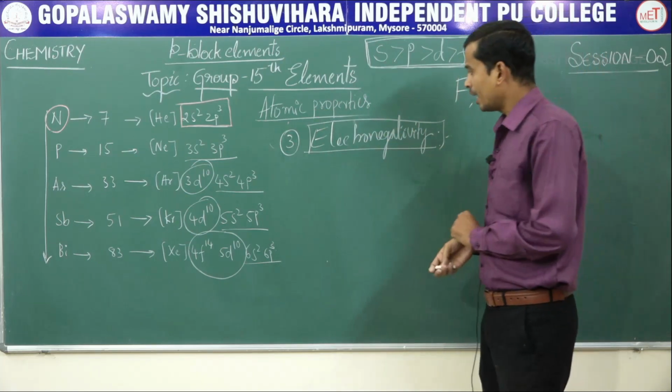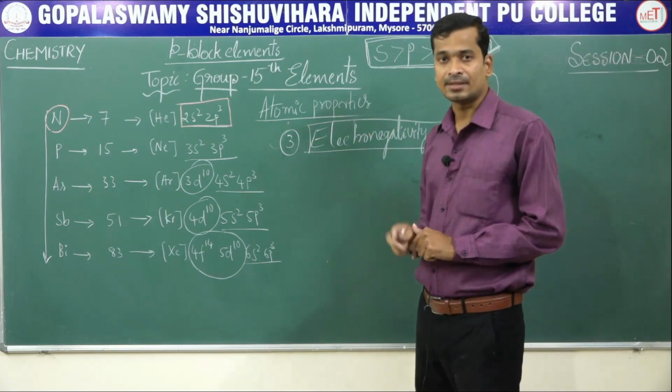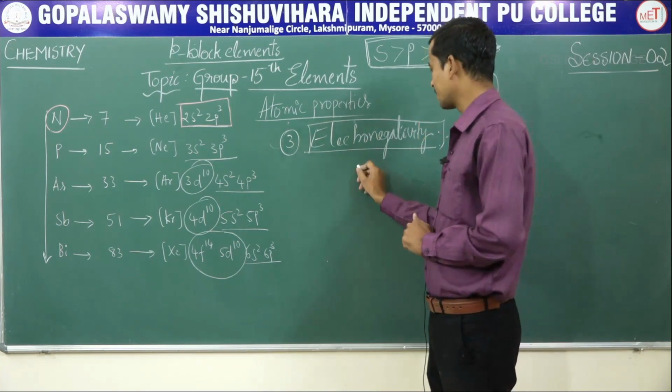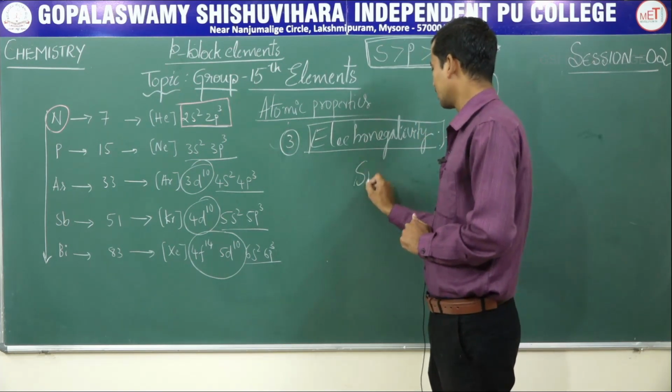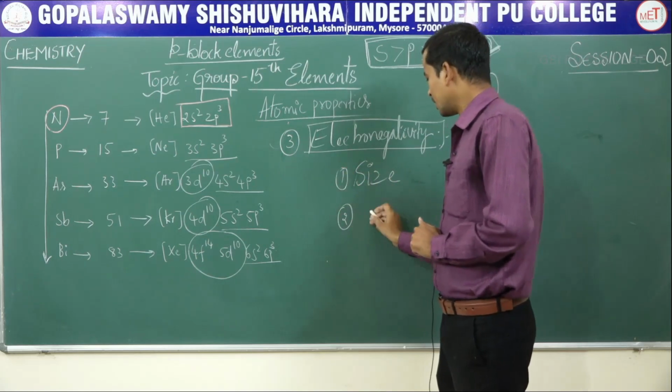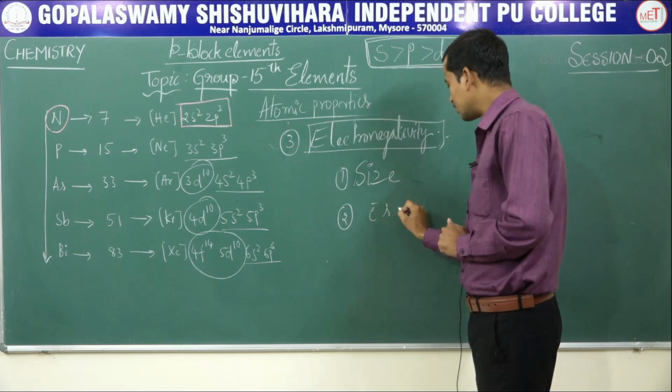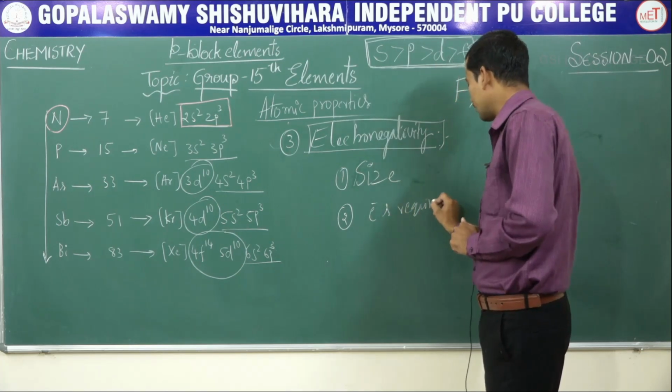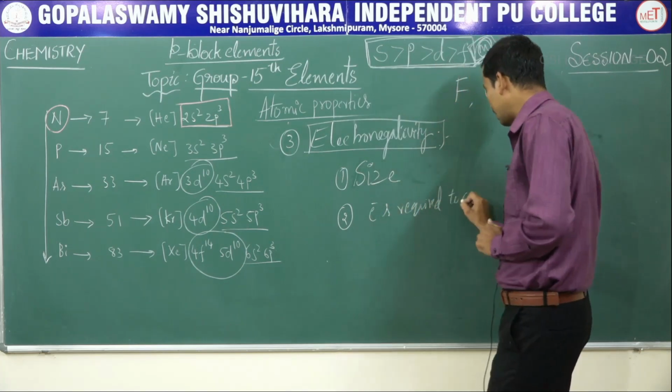Clear? Electronegativity depends on two factors. First one, size. Second one, the number of electrons required to complete the octet.